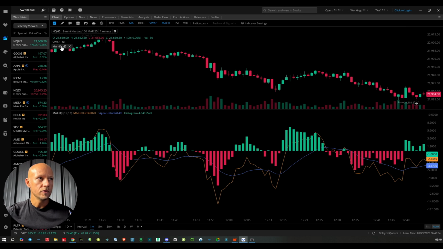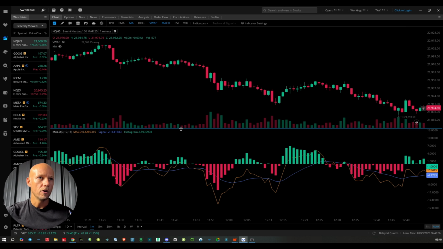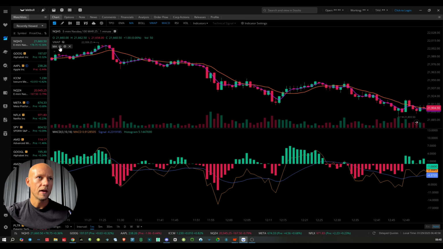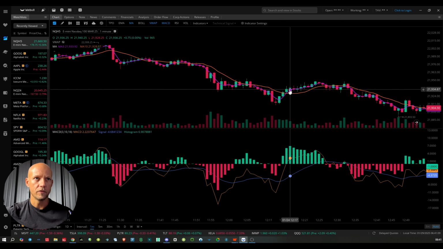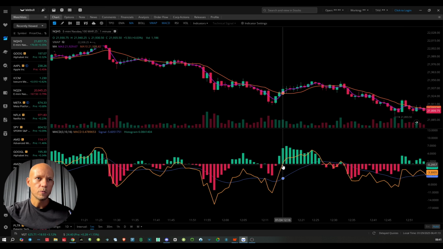If you go to your normal chart and you open a moving average, a 3 and a 10, you will see when it crosses like that, the fast above the slow, that's where the MACD line crosses above zero.